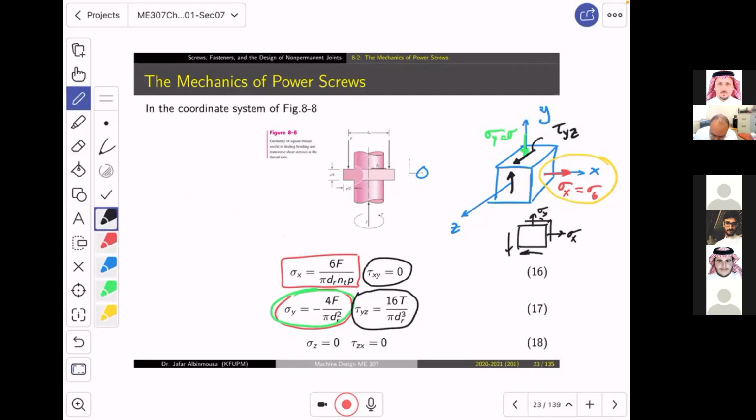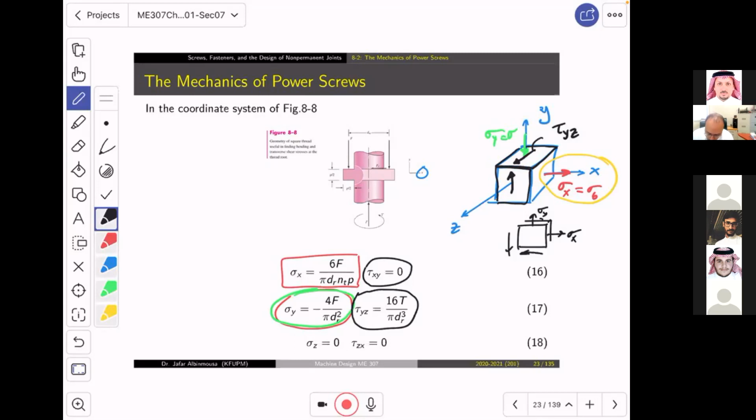What are we gonna do now? If you look, we are gonna take this face. Is this true? We're gonna take this one, or should we take this one? Which face should we take? The first one. Because if we take the face on Y, we cannot draw the sigma Y. It will be inside the paper.